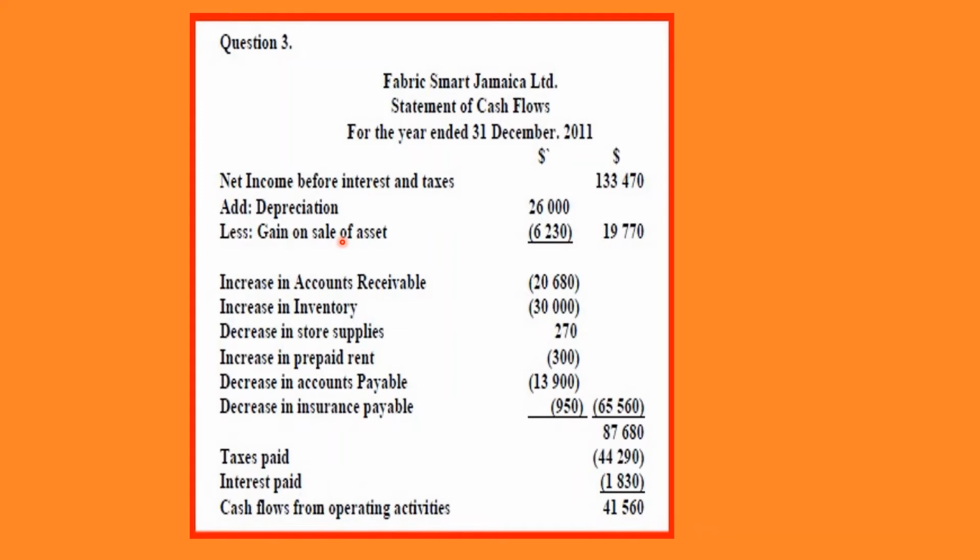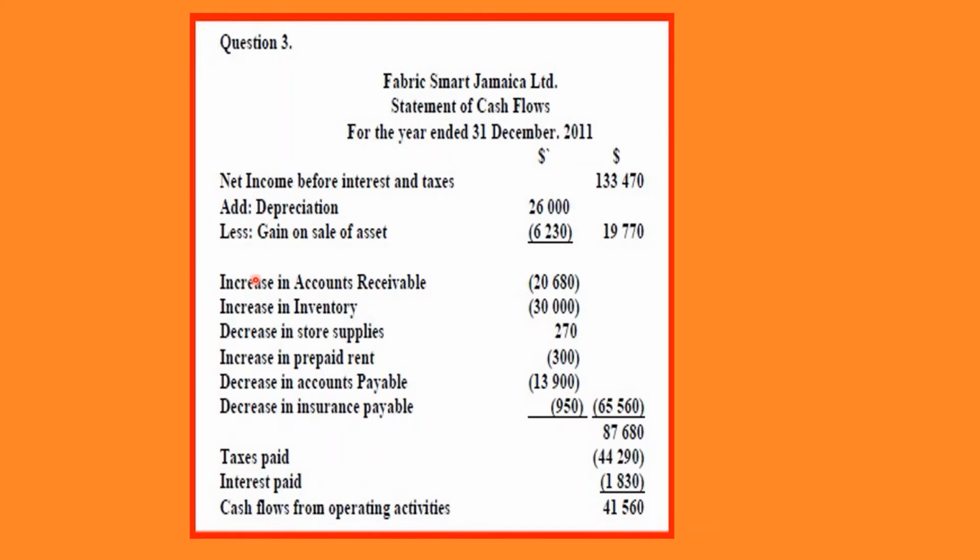Now the reason for doing this is because depreciation and gain on sale of asset or loss on the sale of asset do not involve a flow of cash, and they went into calculating this figure. So we have to add them back to get the cash flows. So this and this would give us the cash flow from the net income that would adjust it.